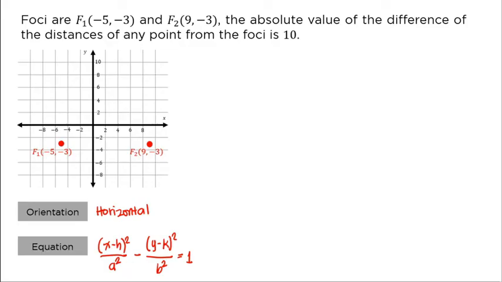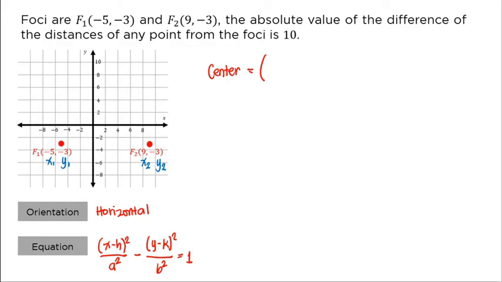And since we are given the foci, the center is just the midpoint of the foci. Therefore, using the midpoint formula, we can solve for the center. Letting F1 be (x1, y1) and F2 be (x2, y2), the center is equal to (x1 plus x2) over 2, comma, (y1 plus y2) over 2.